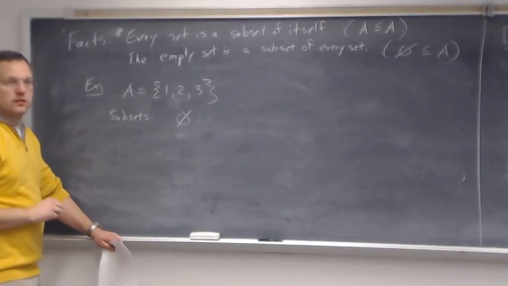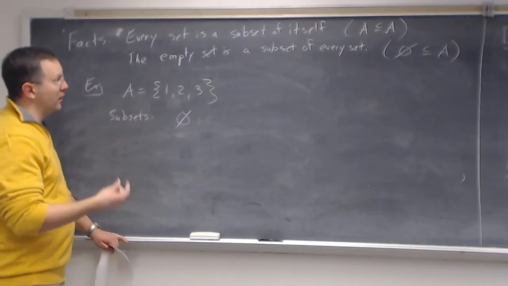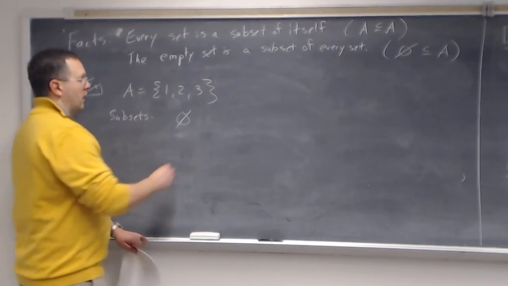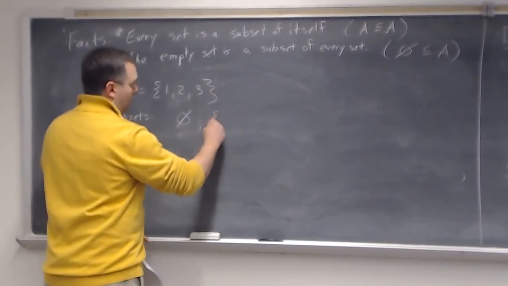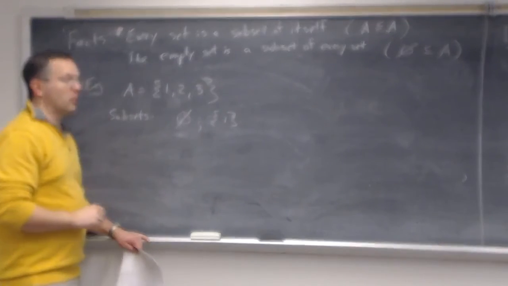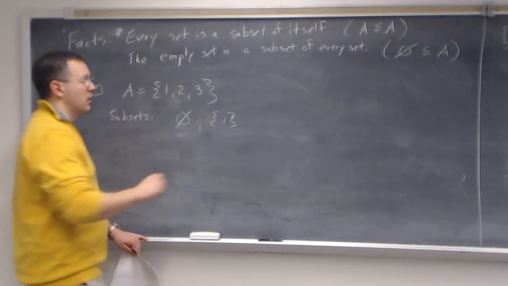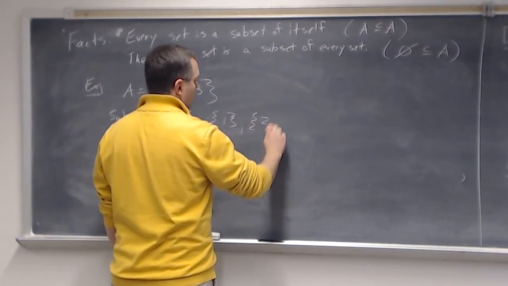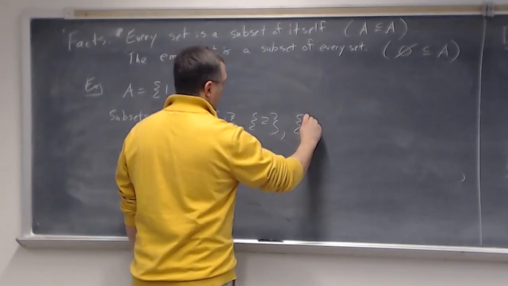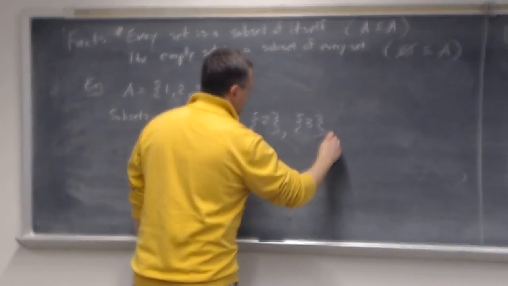We know the empty set is the set with no elements, but that's a subset of this. And let's list all the subsets that have only one element. The set containing just the number 1 would be a subset. The set containing just the number 2, and a set containing just the number 3.